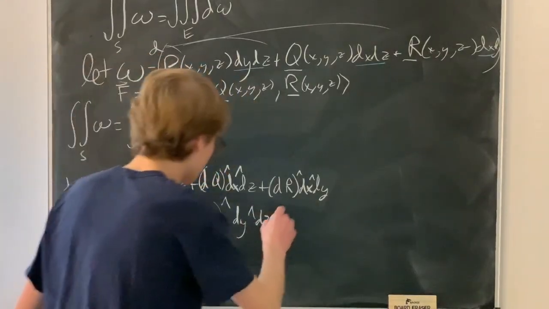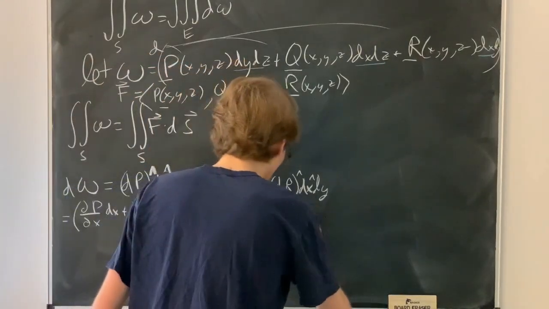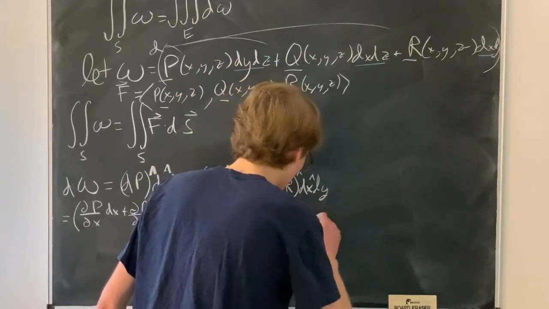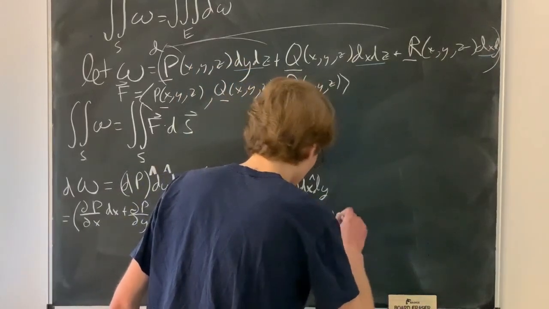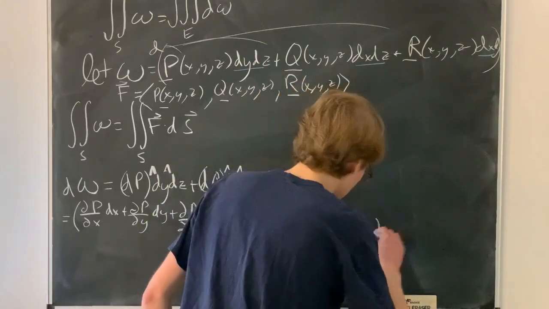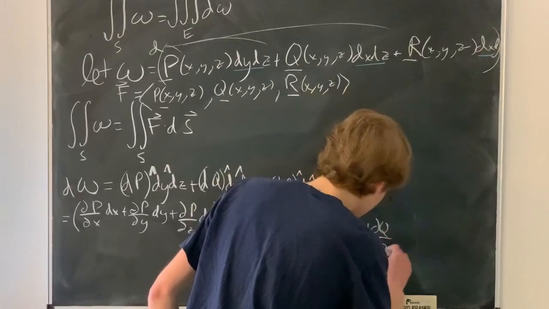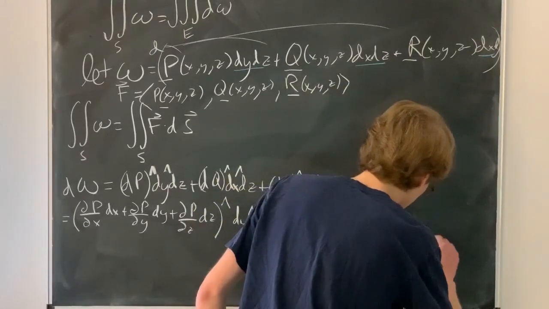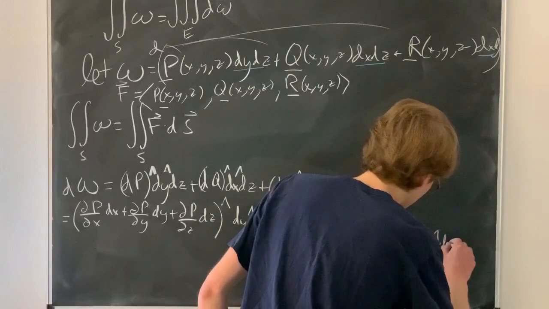We're going to do the same thing for Q and R, do that kind of quickly. Same idea. Del Q del x dx plus del Q del y dy plus del Q del z dz. And we're going to wedge dx and wedge dz.